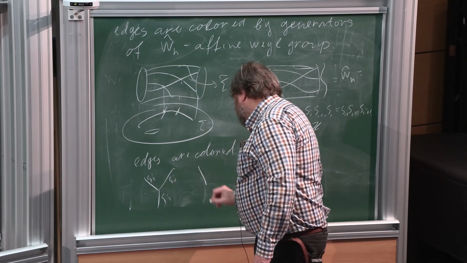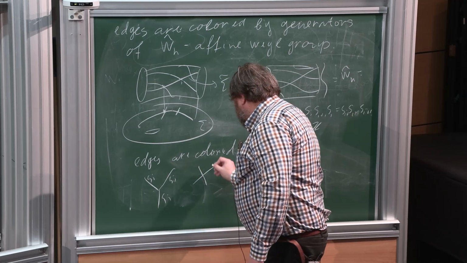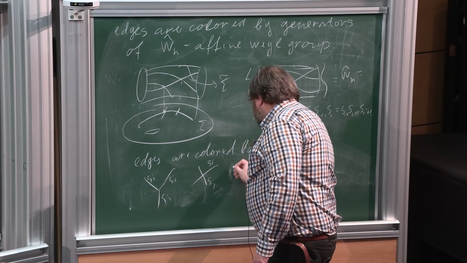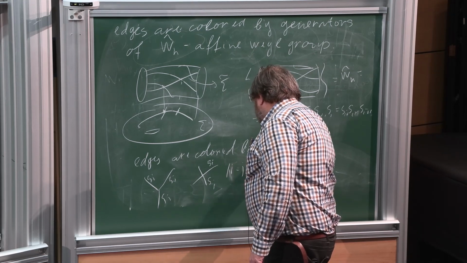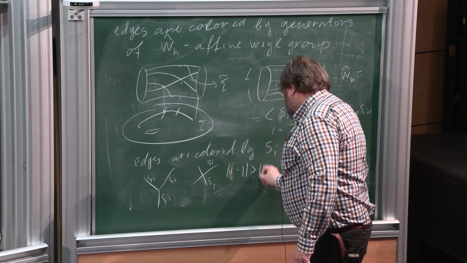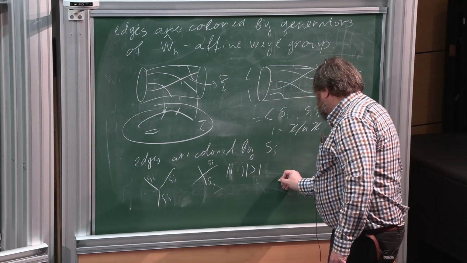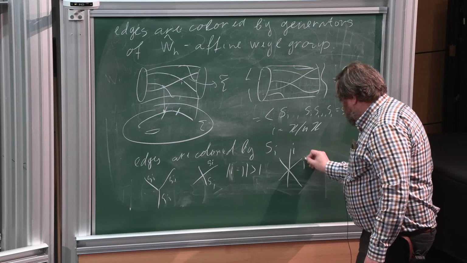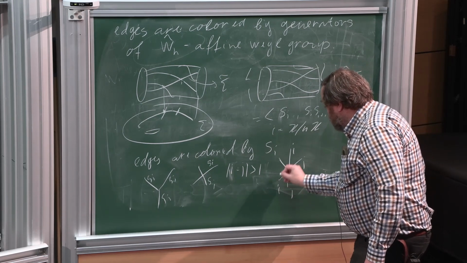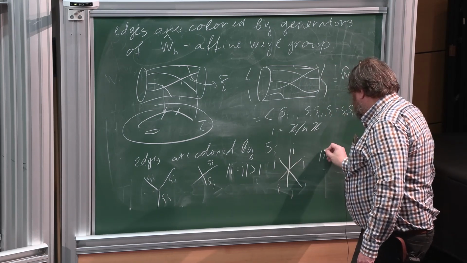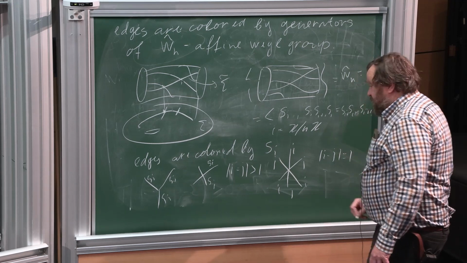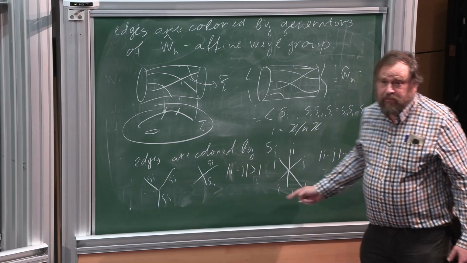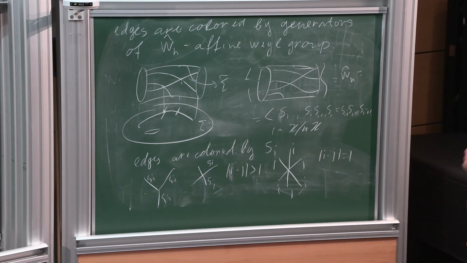If you have Si, Sj with absolute value of i minus j greater than 1. And a sextuple vertex is i, j, i, j, i, j with i minus j equal to 1. So these vertices are actually relations in my group. This is nothing but the relations of the group.